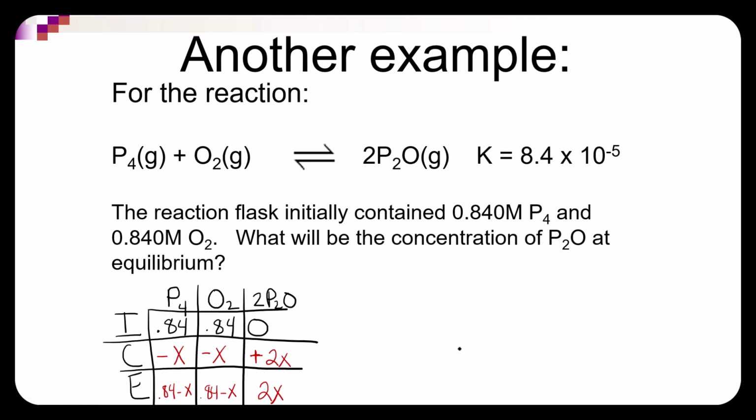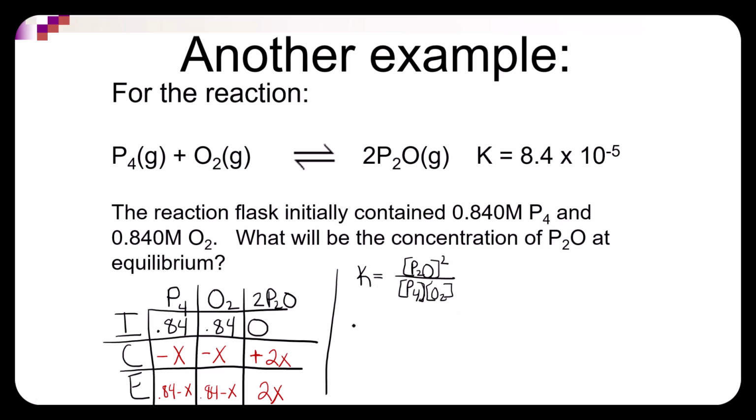Now we plug this information into the K equation. So K equals products, P2O squared, over reactants, P4 and O2, and then plug in what we know.